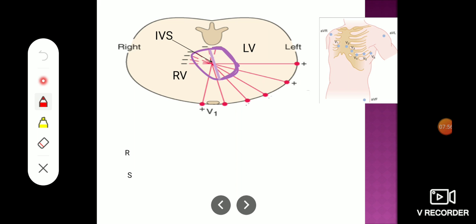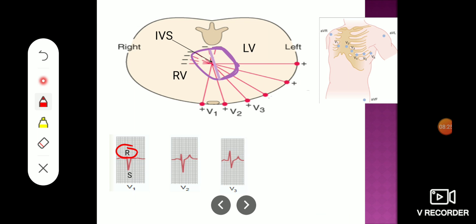You can see V1 and V2 are looking mostly from the right side, so they will pick up potentials coming mainly from the right ventricle. So you can see here the R wave is very small and the S wave is very prominent in V1 and V2.